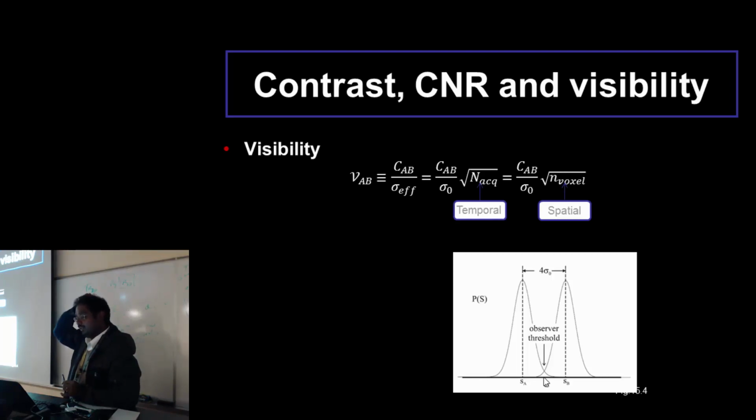Yeah, it's actually 0.2% if I remember correctly, if you consider that separation to be 2 sigma on one side, so that's 4 sigma total between the two distributions.